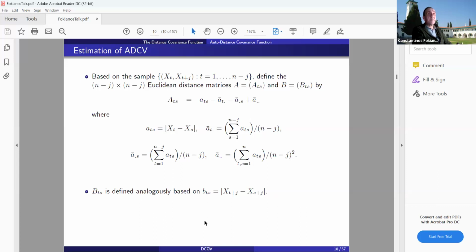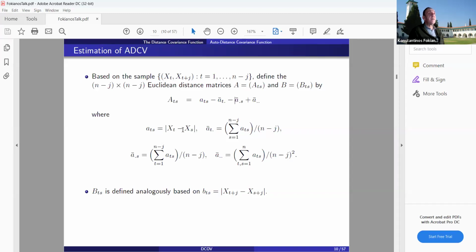Actually, you can estimate this in a closed form expression. You can take the lagged pairs xt and xt plus j, and define the Euclidean distance matrix. Let's think about univariate observations first. This is just the difference at times t and s in absolute value, the distance between xt and xs.